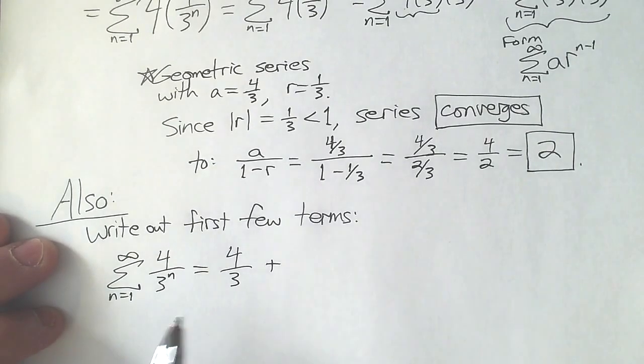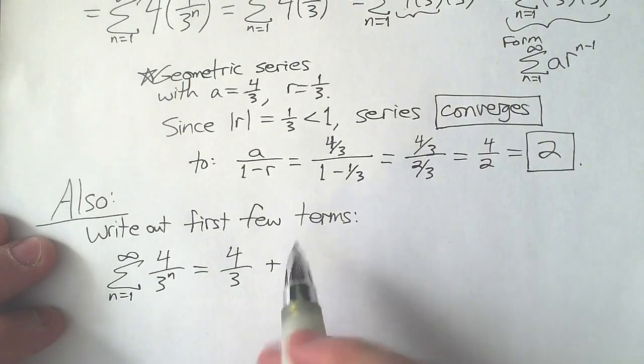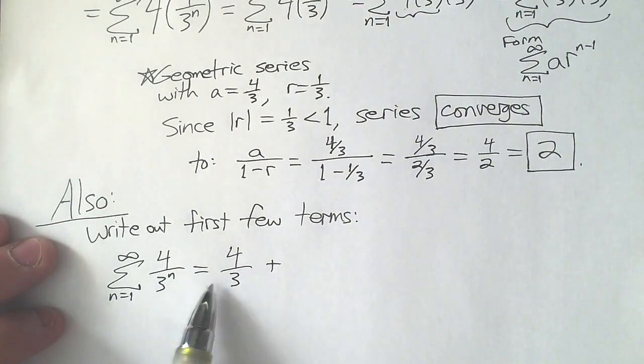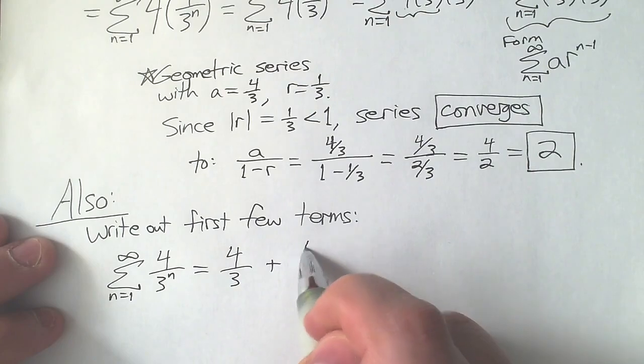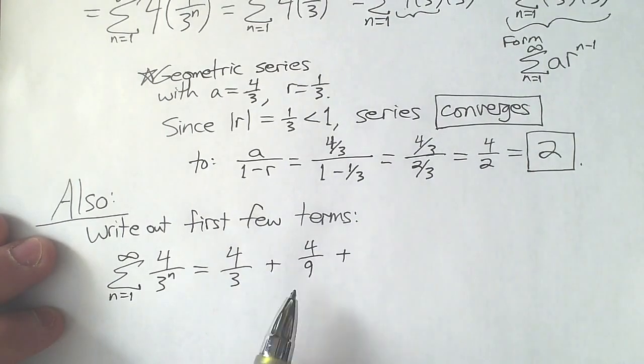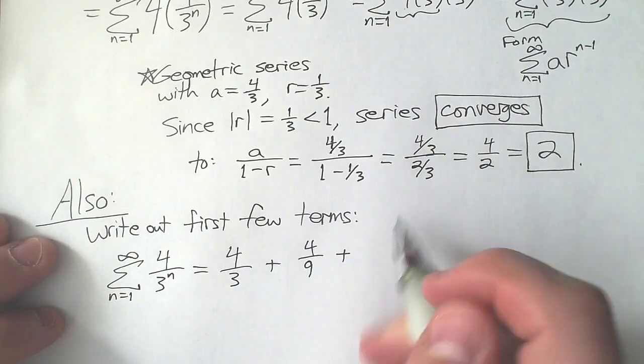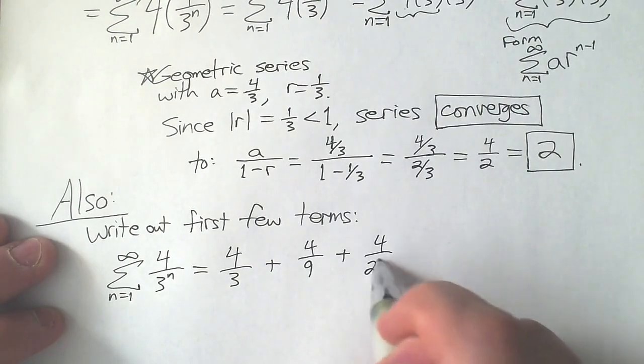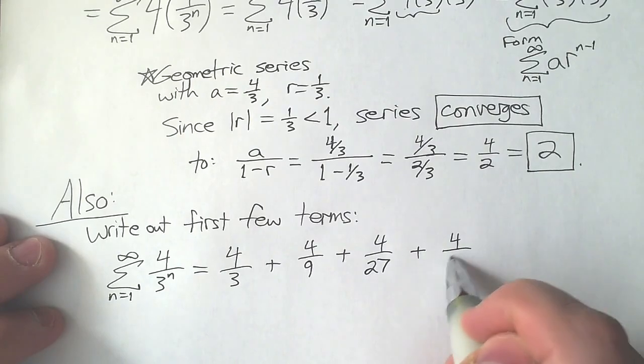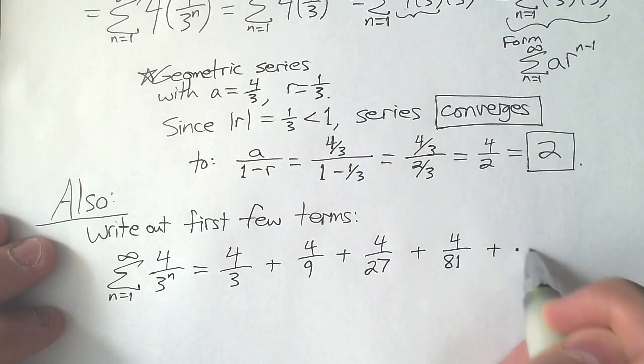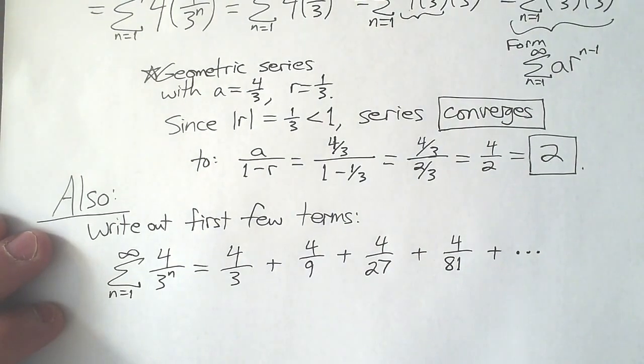So, first few terms with plus signs in between them, right? So when n is 1, it looks like this. When n is 2, it looks like that, 3 squared. And then when n is 3, it looks like that, and so on. And that keeps going forever.